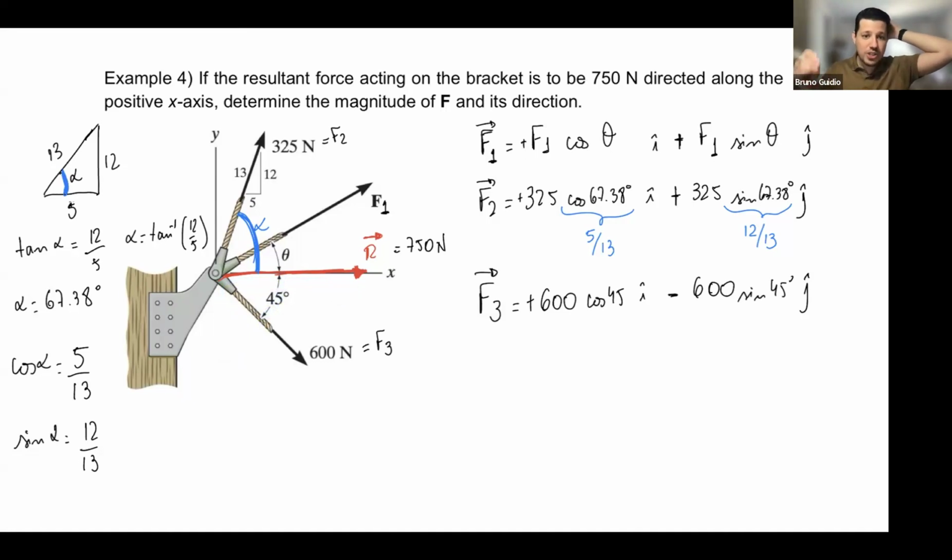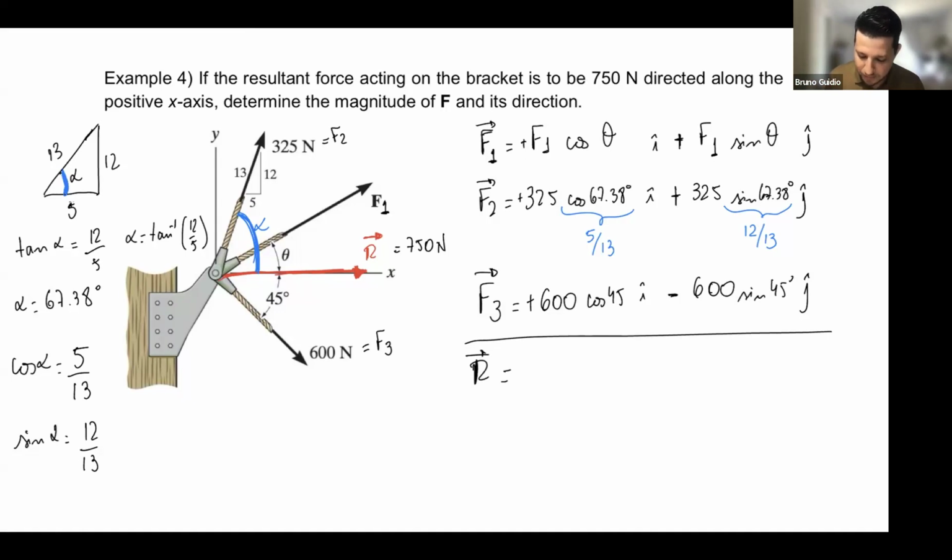However, I really want to see you writing cosine and sine in the right place, just for me to see if you're understanding it. Okay? Guys, once you sum this, we already know what we have to get. The resultant is given to you.